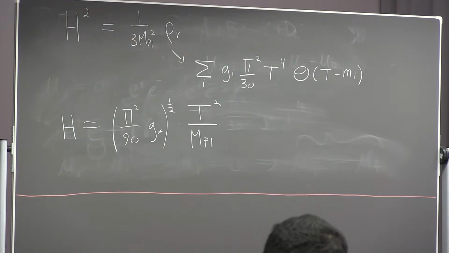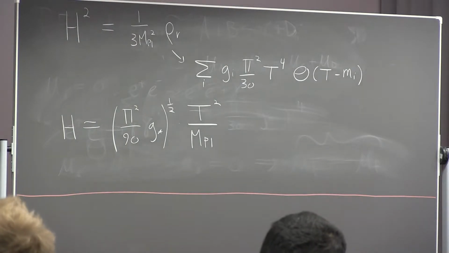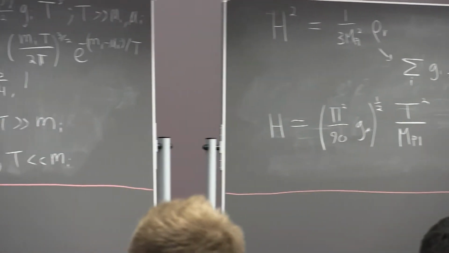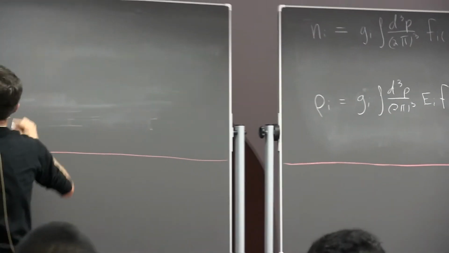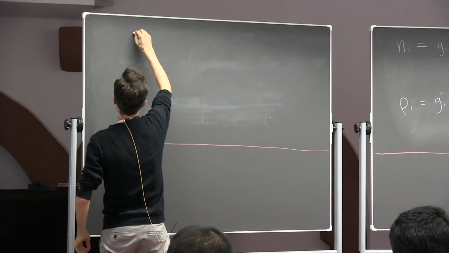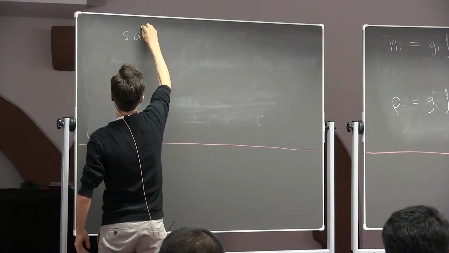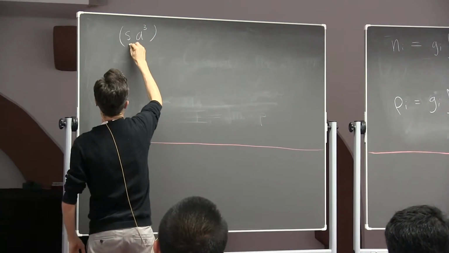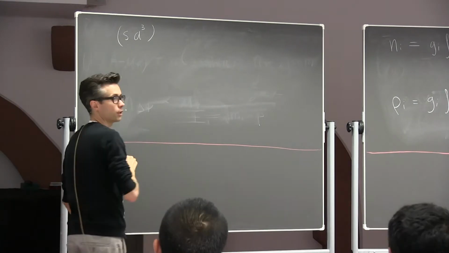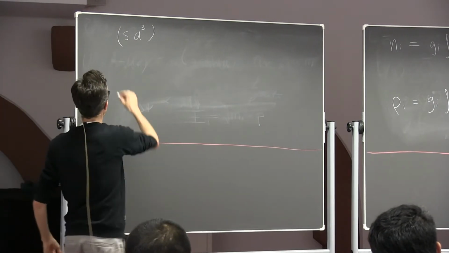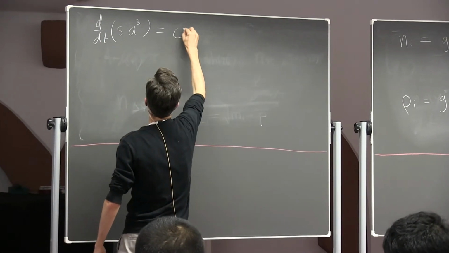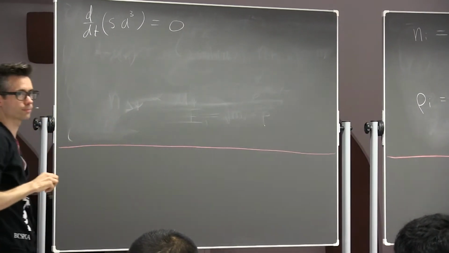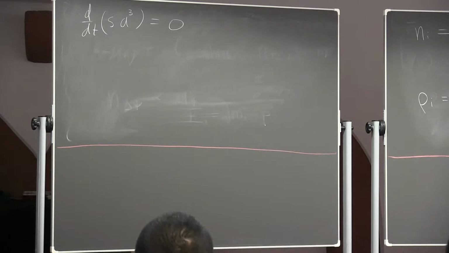The second thing that we're going to make use of is entropy. So this was covered this morning, and the total entropy within an A cubed volume, so I'm going to call it entropy density times A cubed, is time independent for most of the evolution of the universe.